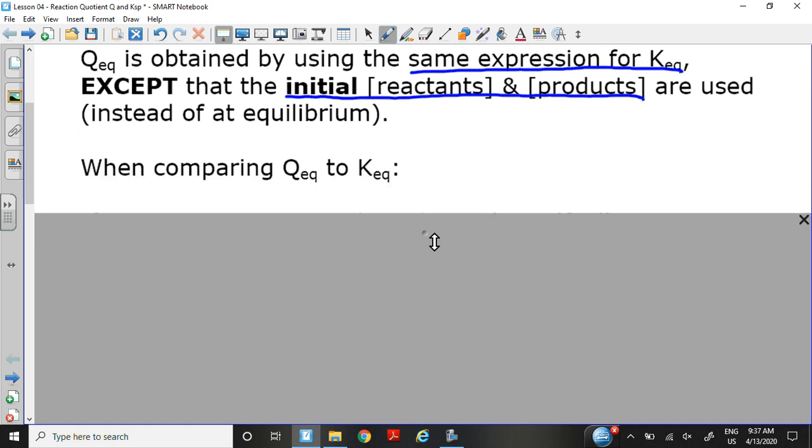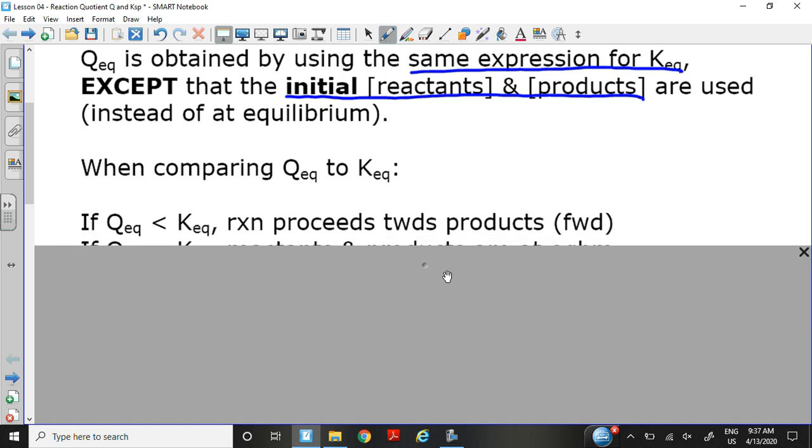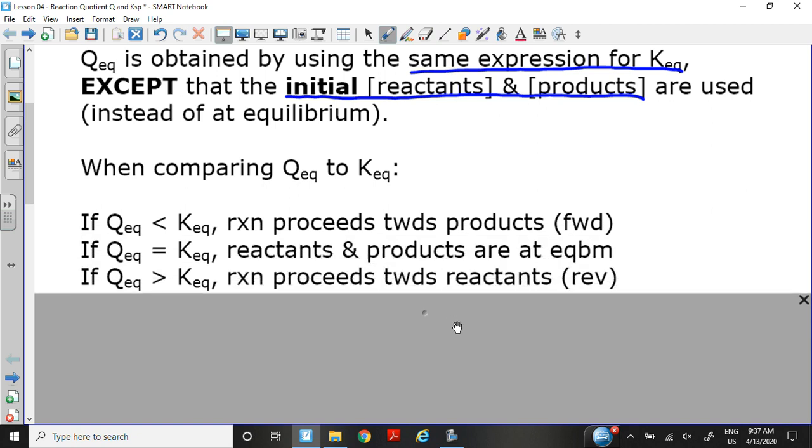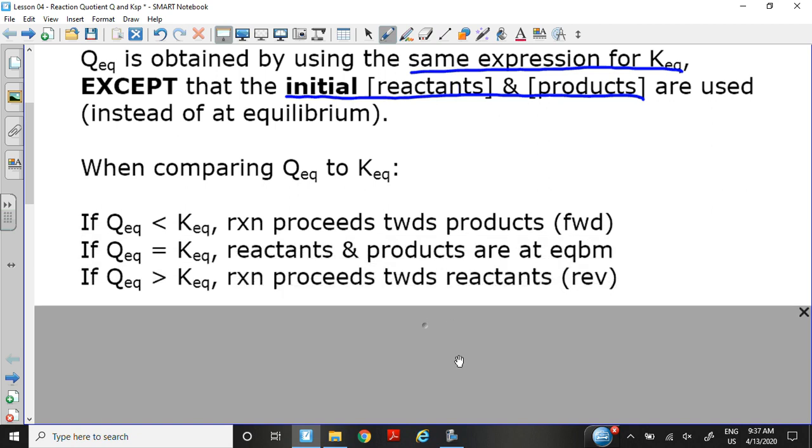Once you actually get a Q value, what you're going to do is compare it to K_EQ. And then there are three different possibilities which will tell you which way the reaction is going to proceed. So if you calculate a Q value and the K value is still larger, what that means is the reaction is going to still proceed in the forward direction.